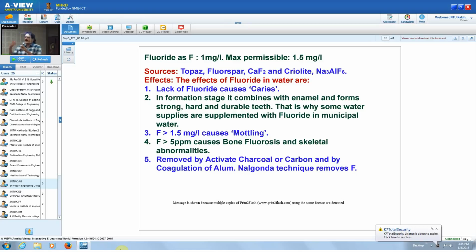Similarly, some areas have high concentrations of fluoride. And fluoride is a two-edged knife. It is a knife that is very sharp on both sides. Generally, any knife which we use to cut vegetables, one side will not be that sharp. So even if you press it with a lot of force, nothing will happen here. But this is not like that. Let us see what happens.